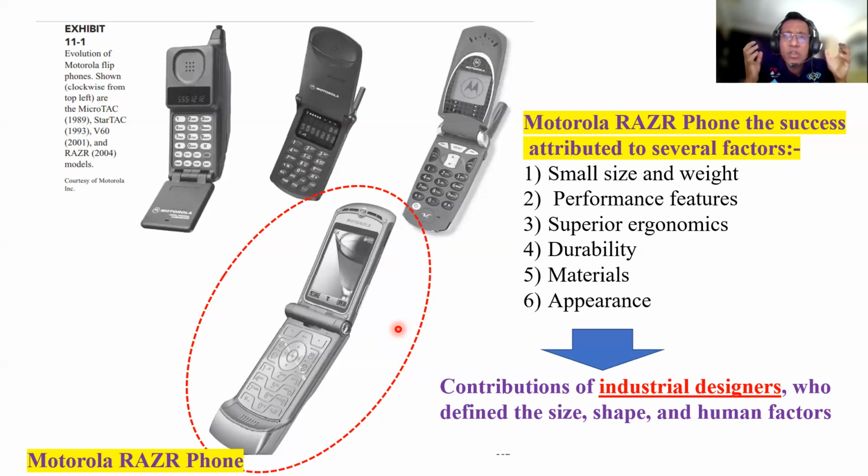However, this contribution could not be achieved without industrial design, who defined the size, the shape, and the human factors in this design. They innovated the new ultra thin form for Motorola. So that is how industrial design takes part in this process.